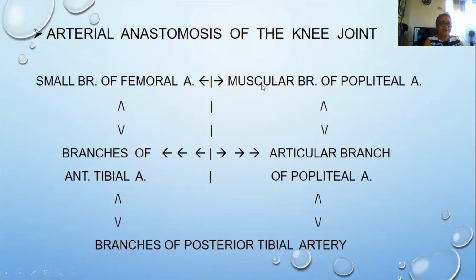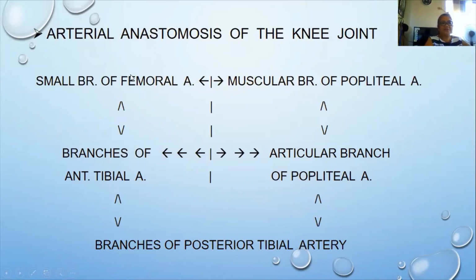Your muscular branches are the arteries that will go to the muscles in the popliteal area, while the articular branches will be the arteries that will go to the knee joint.